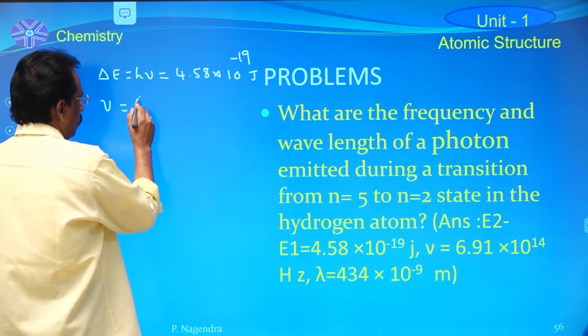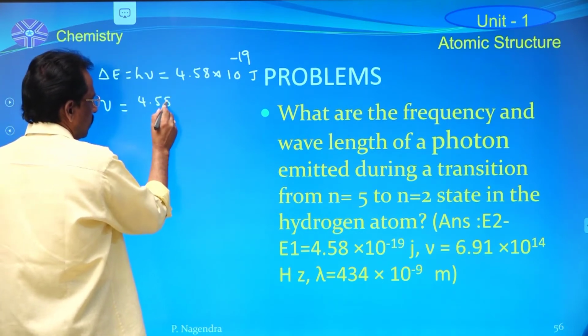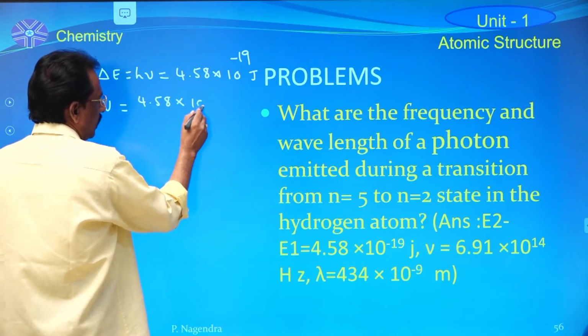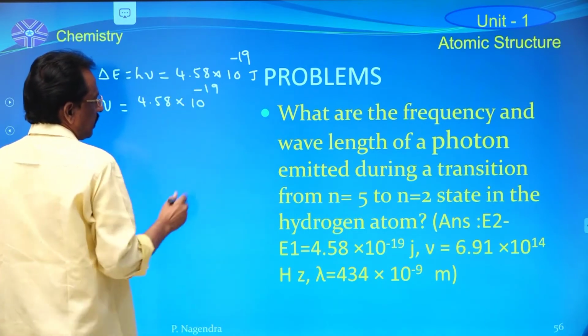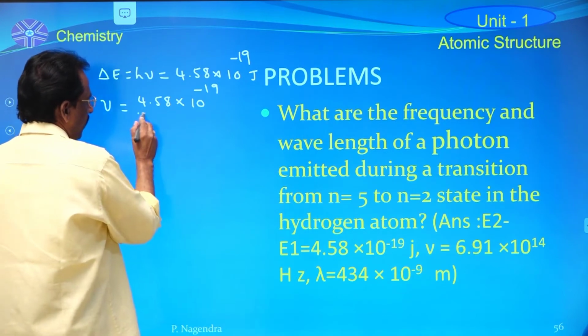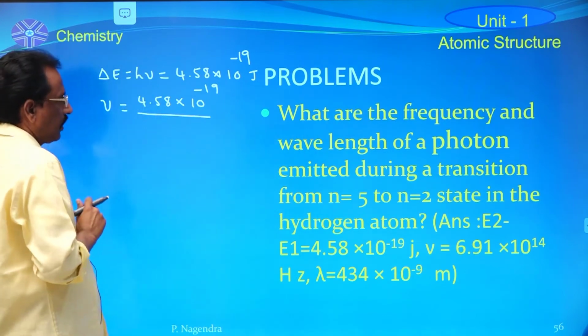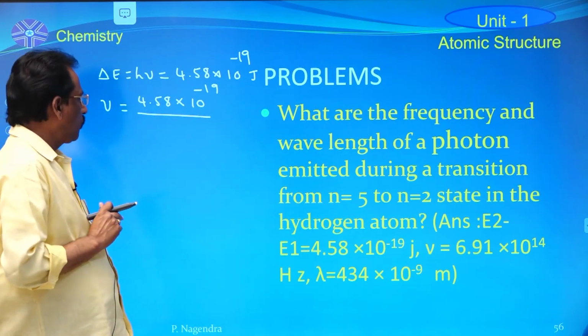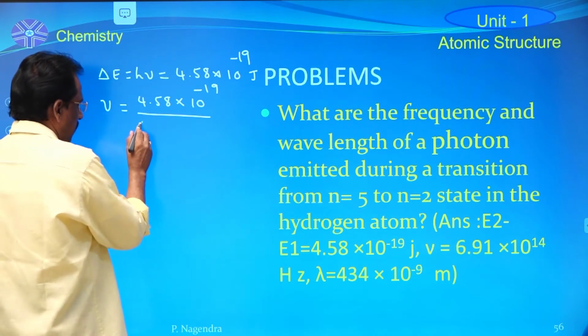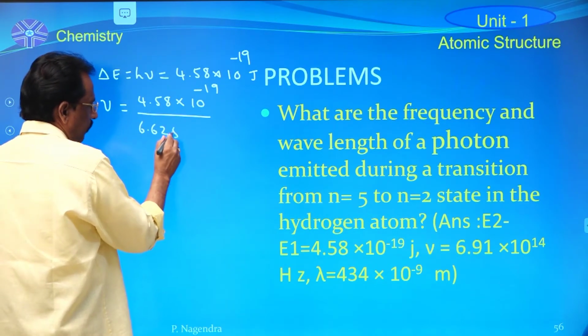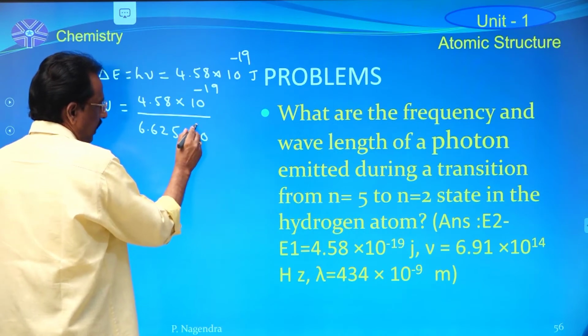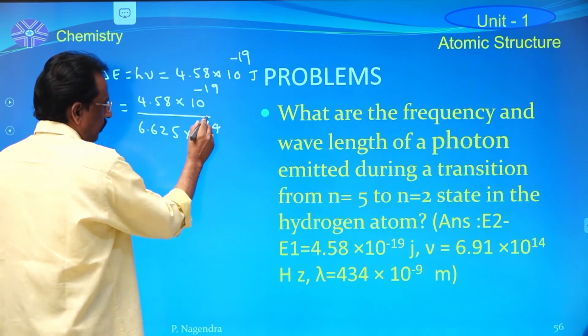After that, nu is equal to 4.58 into 10 power minus 19 in the MKS system divided by h. The Planck's constant value in the MKS system is 6.625 into 10 power minus 34.